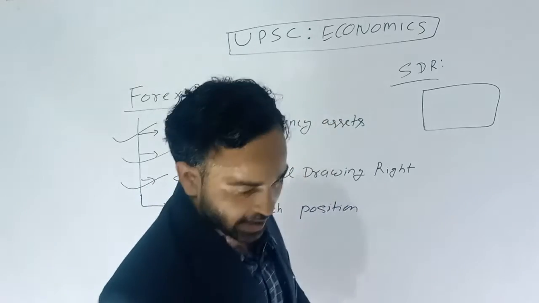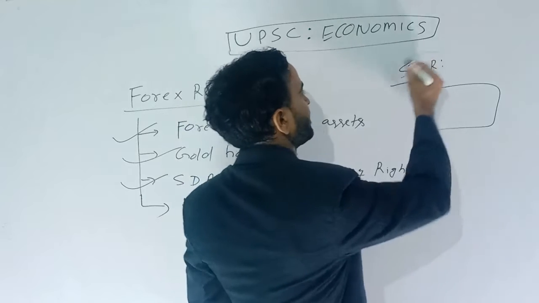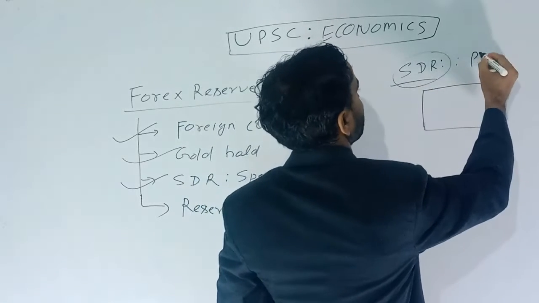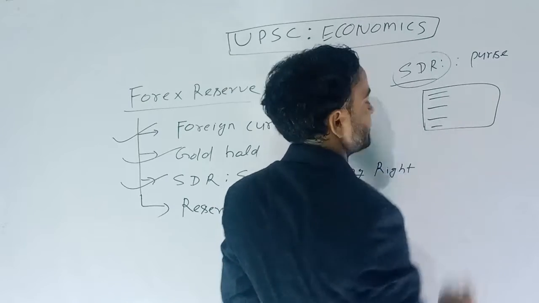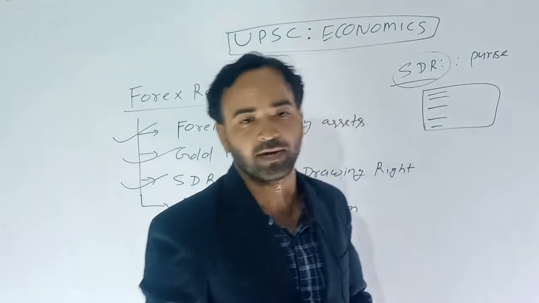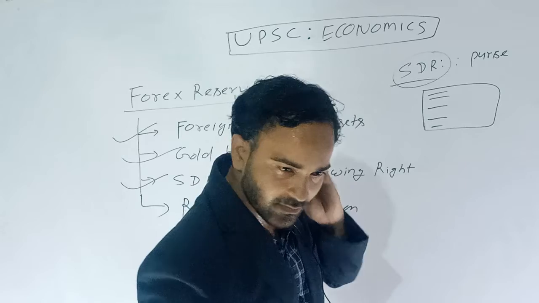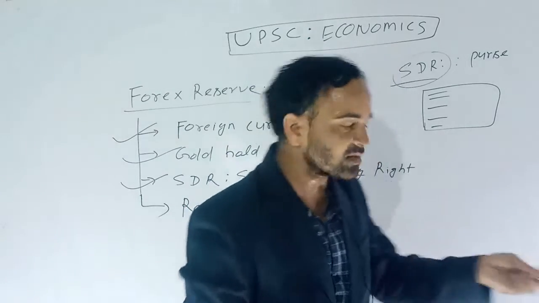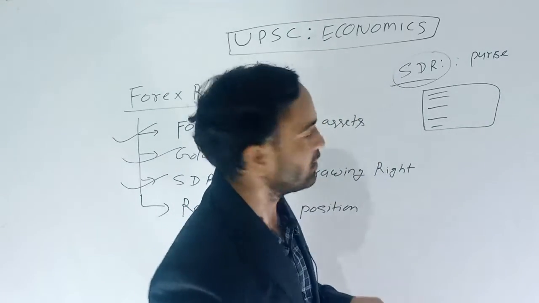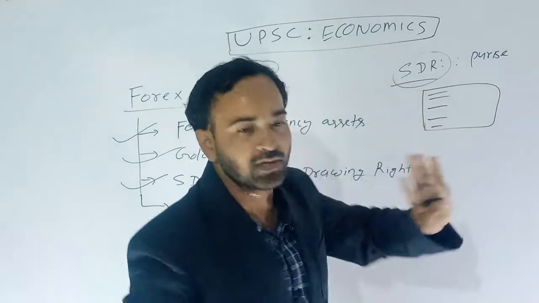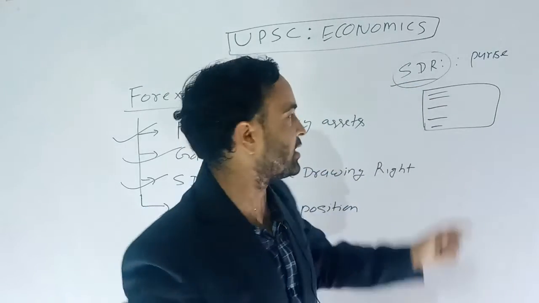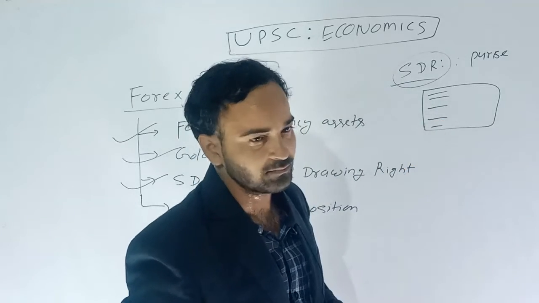Similarly, SDR is the name of the purse. Under the purse there are many currencies: dollar, euro, renminbi, pound, yen. Under the SDR, there are mostly five types of currency.